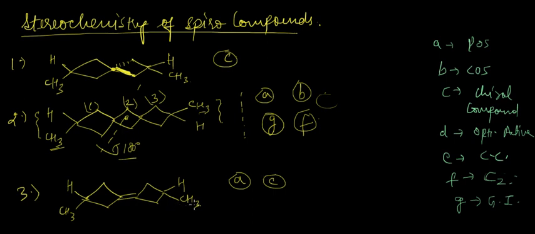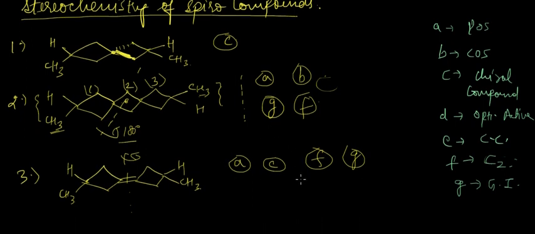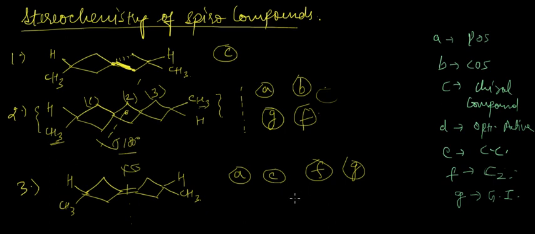Okay, so in this case, do we have a center of symmetry? No. So what else do we have? F would be there. You can take the plane perpendicular to the compound and turn it 180 degrees and it will result in the same compound. Would it show geometrical isomerism? Yes. Okay, so we have done examples on the stereochemistry of Spiro compounds.